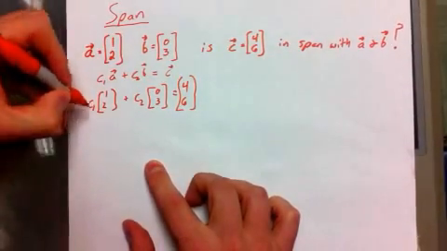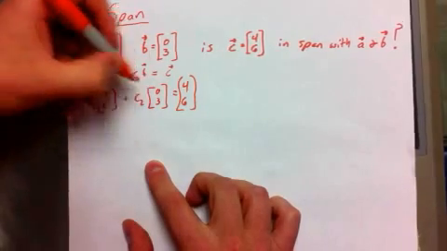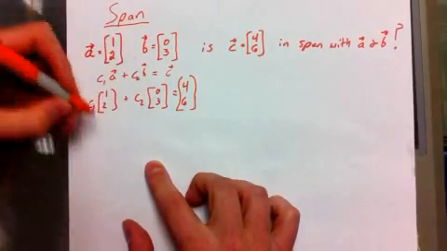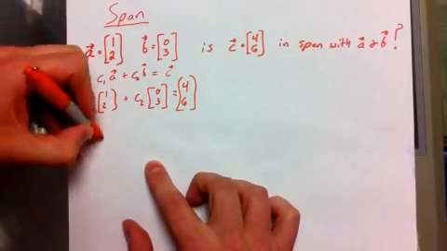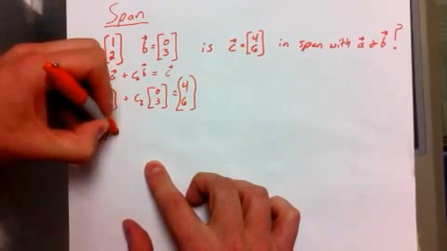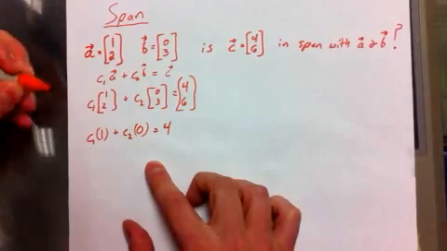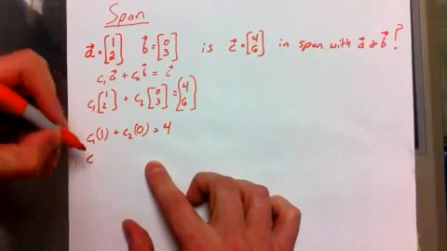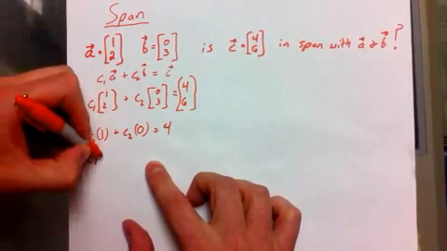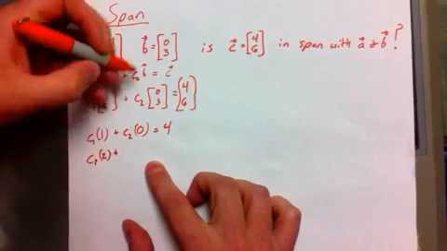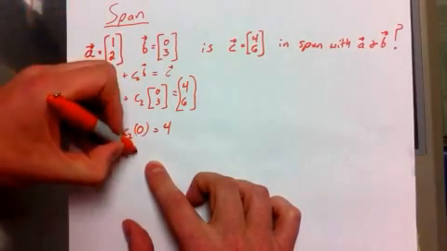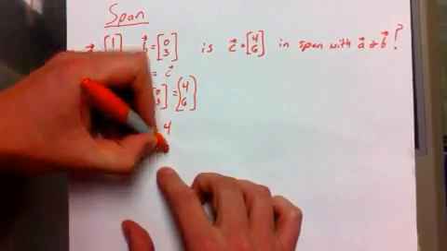To solve this, let's take the first component, the first row. We do C1 times 1 plus C2 times 0 is equal to 4. And we do it again for the bottom row: C1 times 2 plus C2 times 3 is equal to 6.